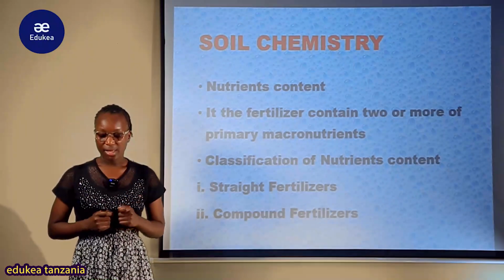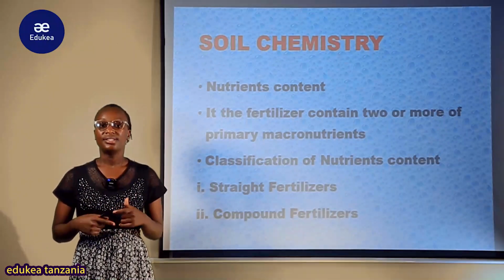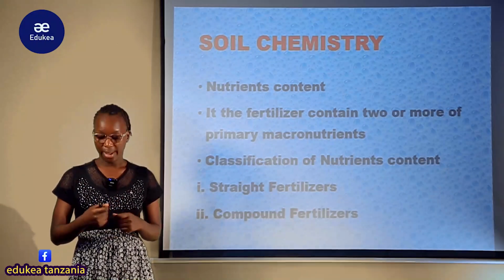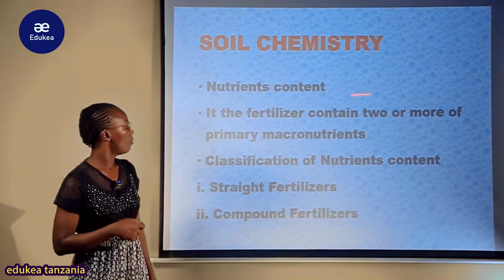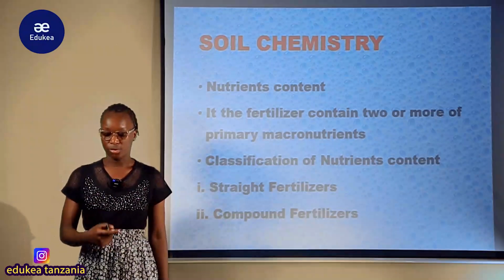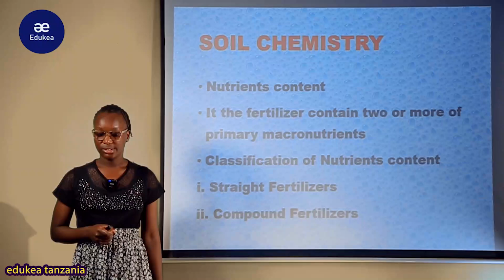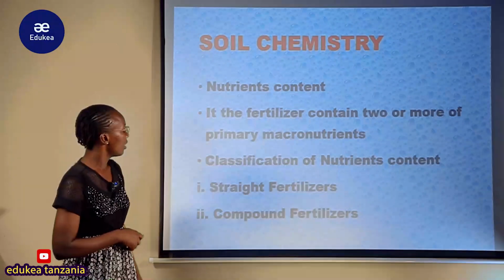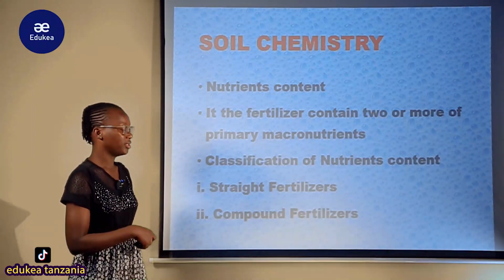So tunapoongelea nutrient content here, it is a category of fertilizer whereby the fertilizer contains two or more primary nutrients. Now, this nutrient content is divided into some types. For instance, we have the straight fertilizers and we have the compound fertilizers.